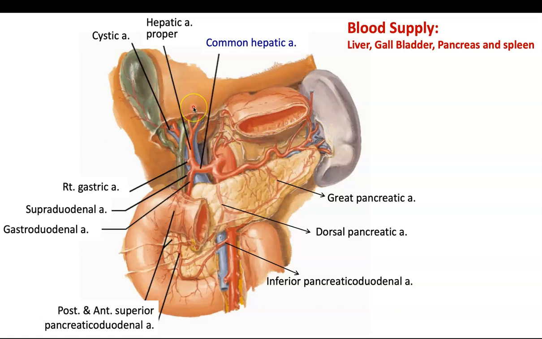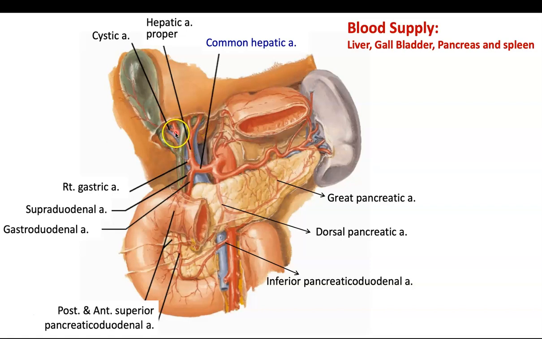And the liver's blood supply comes from the hepatic artery. Hepatic artery originates from the celiac trunk as the common hepatic artery, and then after giving away the gastroduodenal artery, it becomes the hepatic artery proper. Now, hepatic artery proper divides into right hepatic artery and left hepatic artery, which provide arterial blood supply to the liver.